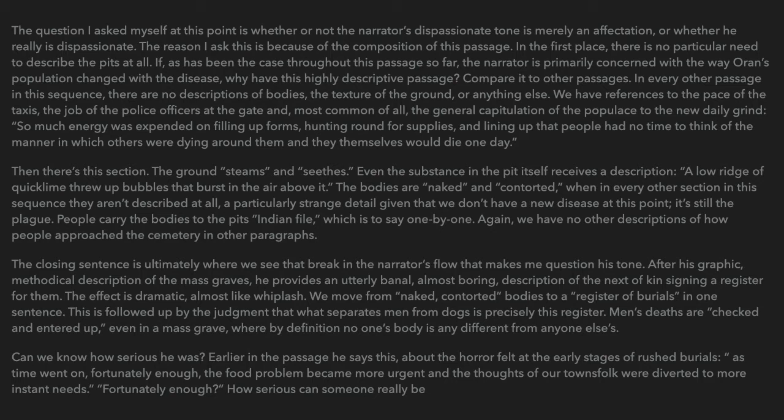This is the very first time we see bodies that are naked and contorted, which is a peculiar thing to do because there's no new disease. It's not like we need to have a reminder of what's happening to bodies, right? Nothing new is happening that we know of. So for this kind of narrative, this is a strangely graphic and descriptive passage, and it's followed by something that's not at all that way.